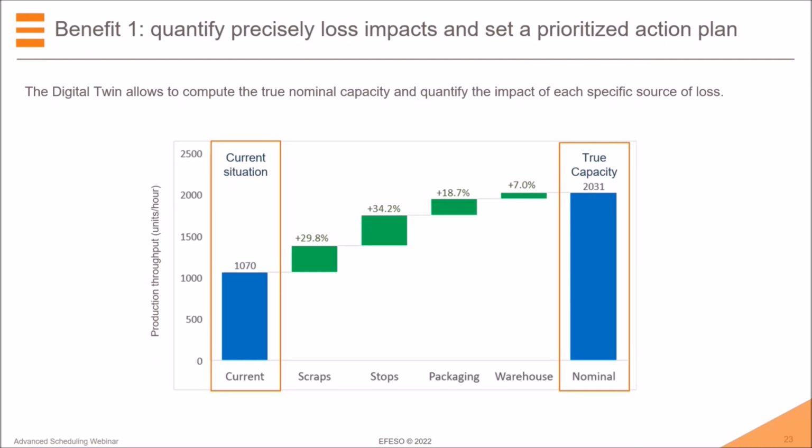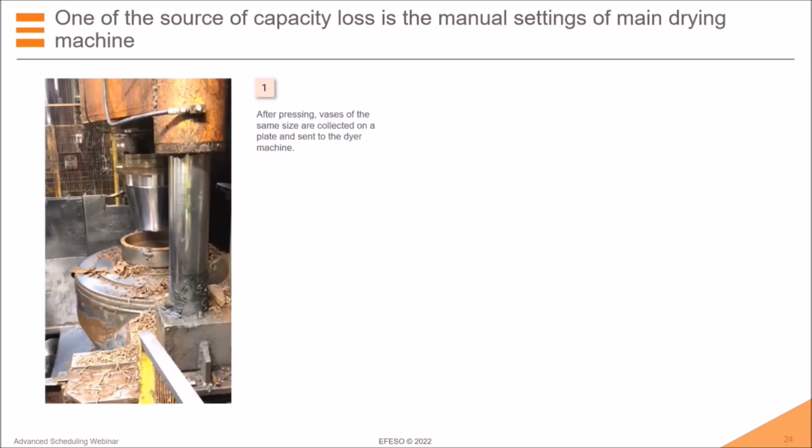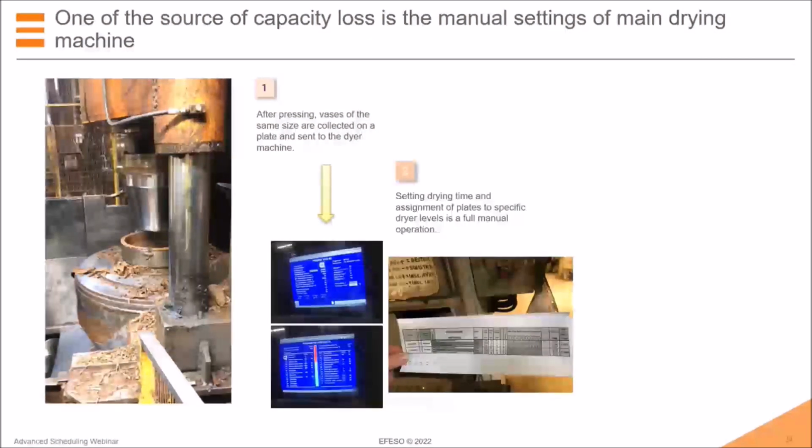However, this was not the only analysis we've done. We could also analyze the bottlenecks, the production planning effect, and go into the root causes of these stops. For example, one of the main issues we found was related to the way you plan products in the presses on a daily basis. Not because this is directly related to the presses, but because it is related indirectly to the efficiency of the subsequent drying process.